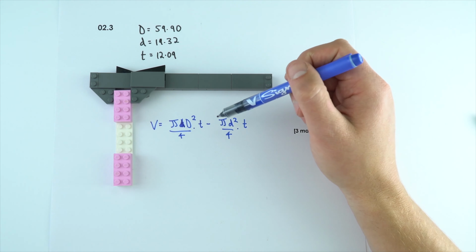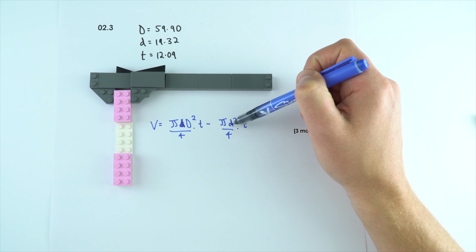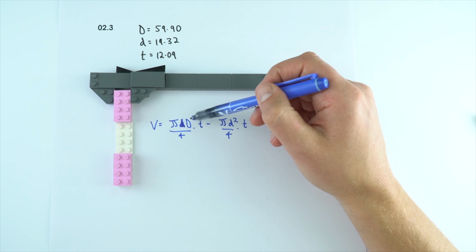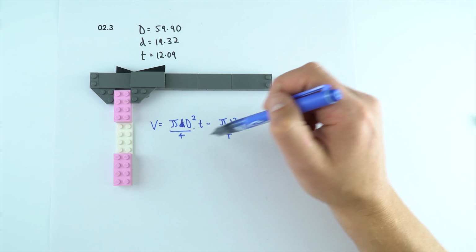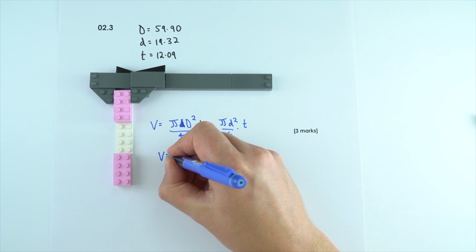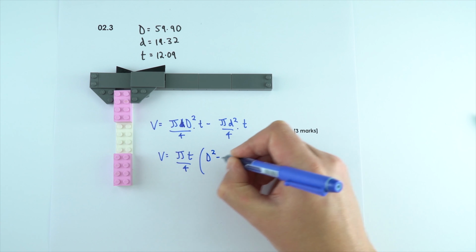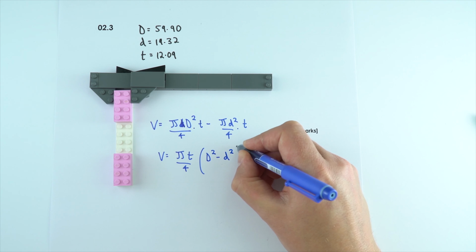Okay, so what we have here is the outside diameter and the inside diameter. I could have halved that to make it the radius, but I think this is a more simple way of doing it. We can then say that this is equal to pi t over 4 multiplied by D squared minus little d squared.